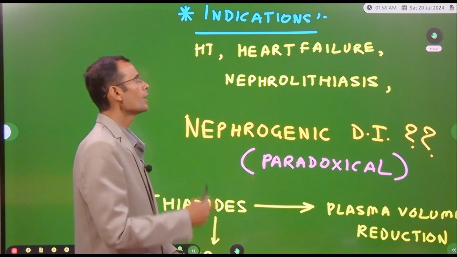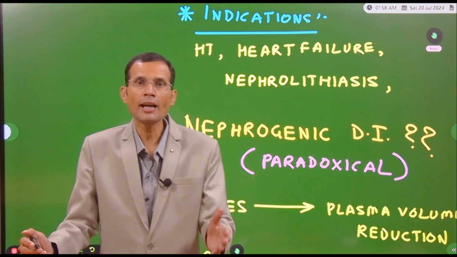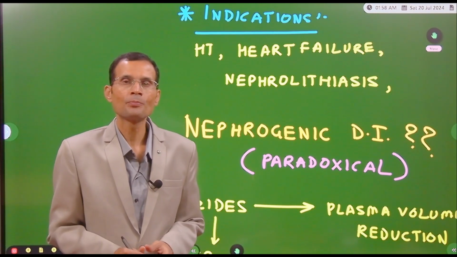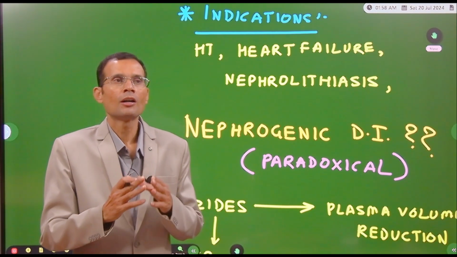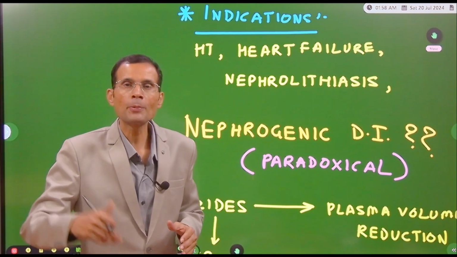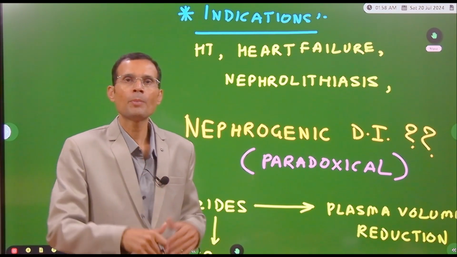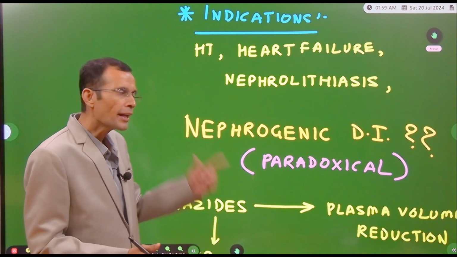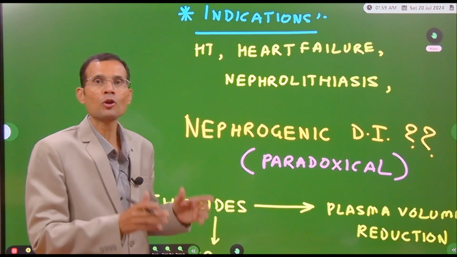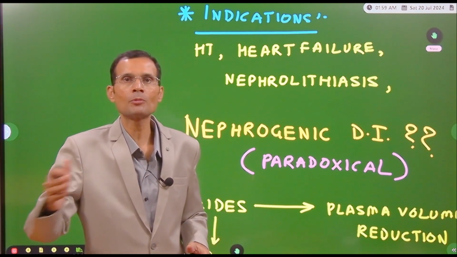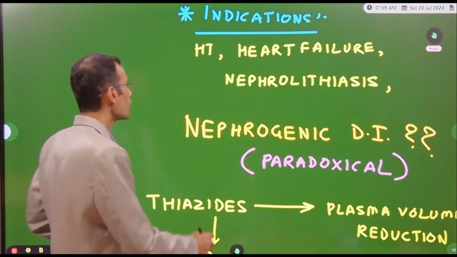So hypertension, heart failure, nephrolithiasis. As I mentioned just now, nephrolithiasis resulting from hypercalciuria can be treated by thiazide diuretics because they increase the calcium reabsorption. They prevent the calcium loss into the urine. Okay.